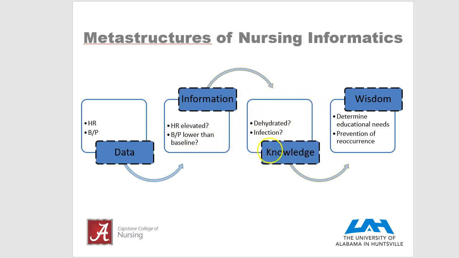In the knowledge realm, we consider, is this person dehydrated, or, you know, the person which we're getting this data from, do they have an infection? And then wisdom, we're determining what are the educational needs here, what do we need to act on, how do we need to respond, preventing reoccurrence.